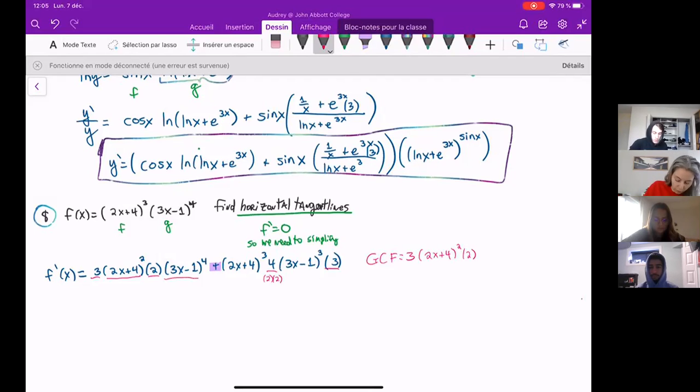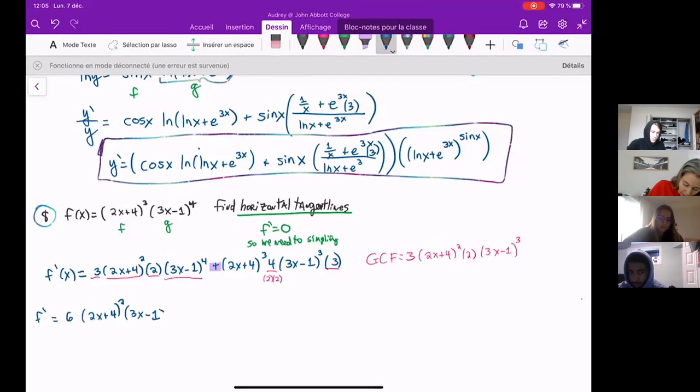Then I move on to the 3x minus 1 to the 4th, and the cubed is the lowest power, so that's what I bring. So I'm factoring out my greatest common factor, which is 6 times 2x plus 4 squared times 3x minus 1 cubed, and then I open my parentheses. I took the 3 away, I took all of the 2x plus 4 squareds away, and I took the 2 away, but I only took 3 of the 3x minus 1s away.